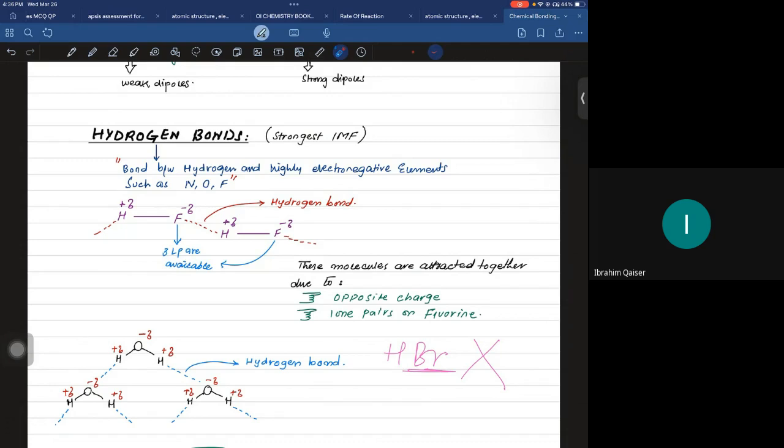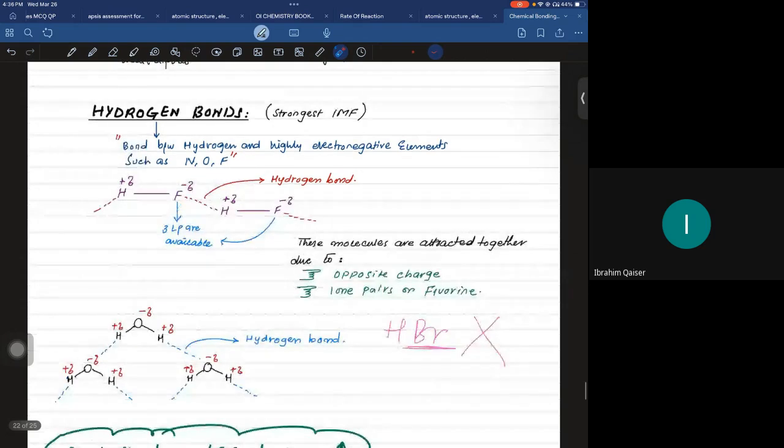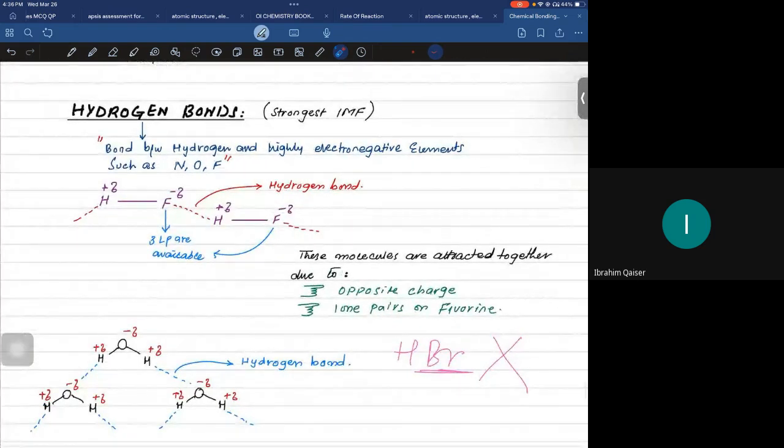I'm talking about the strength of these forces. So the temporary one is the weakest. Which is the strongest? You will say hydrogen bonding. Which is the weakest? You will say temporary induced dipole, or you can say London force, or dispersion force.